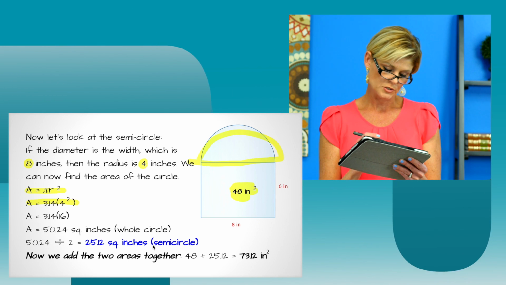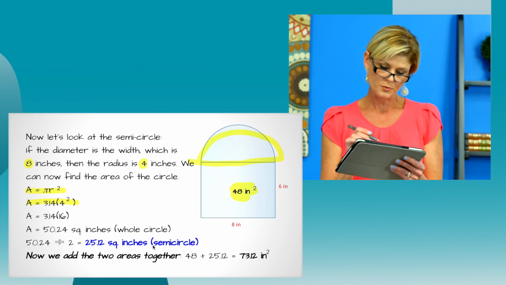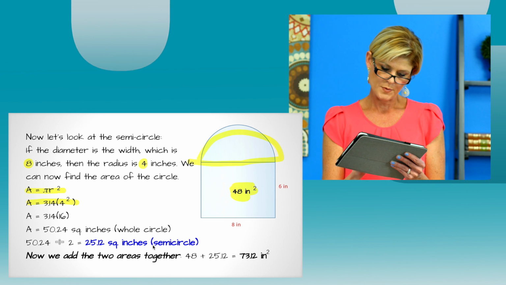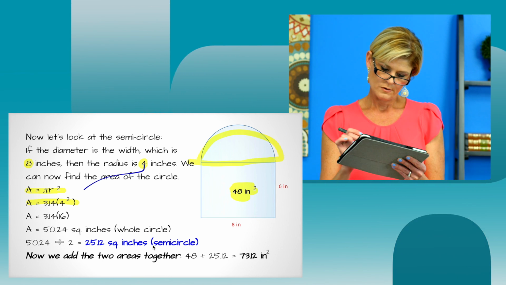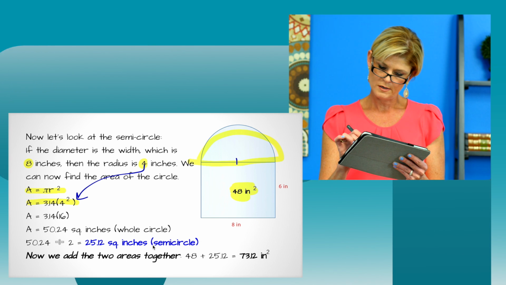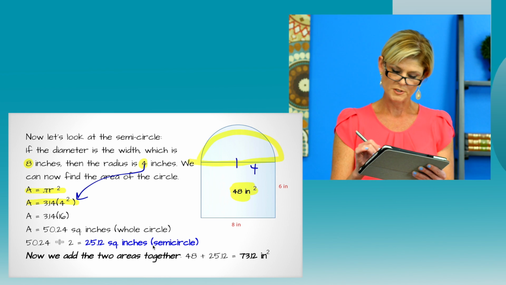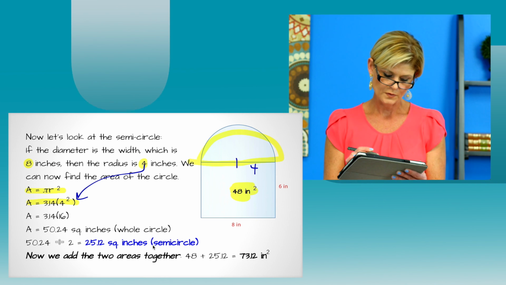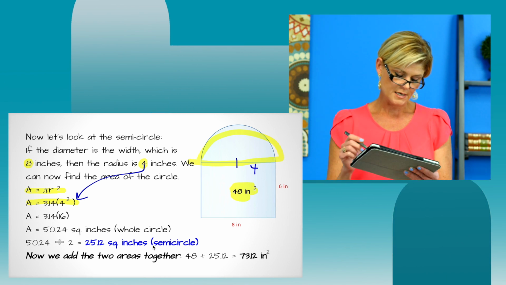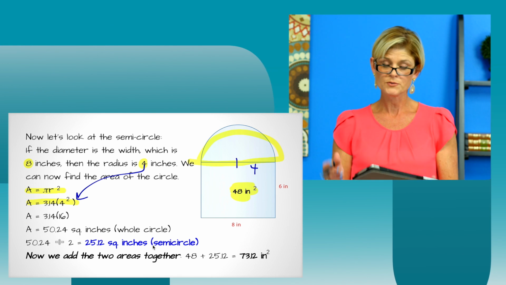So pi will switch to 3.14, and I'm also going to plug in this 4. Does that make sense? Because 4 plus 4 would be 8, or 4 times 2 would be 8. Now I have A equals 3.14 times 4 squared.